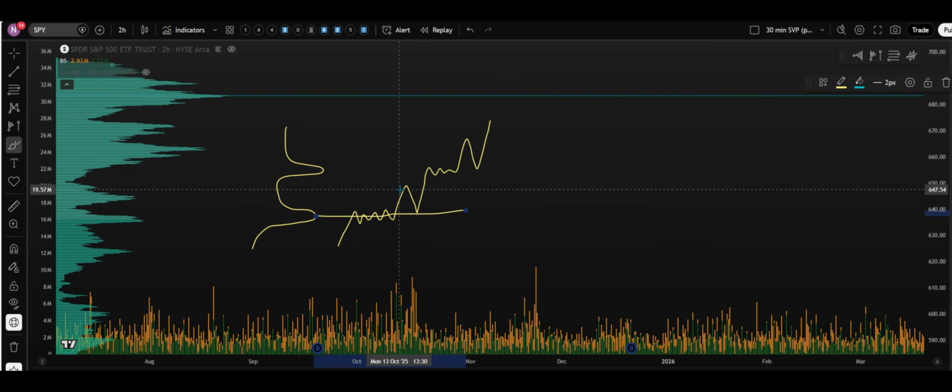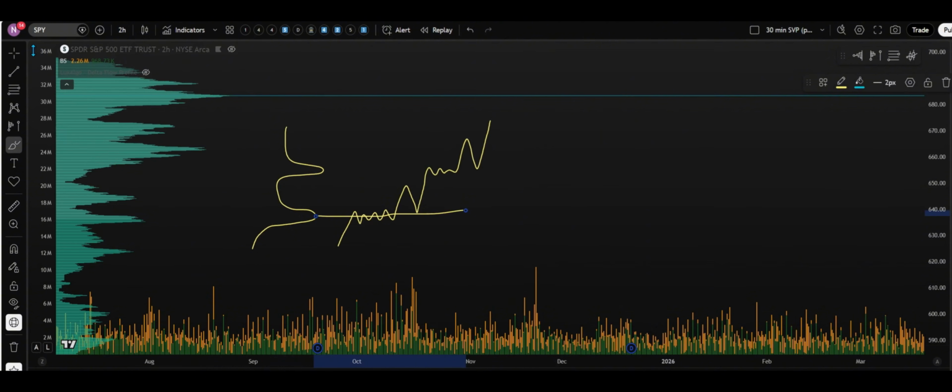When price discovers higher, and then returns to that area that was previously the most contested between both buyers and sellers, and now it is a support, that is the best evidence that you have in the market that price is going to continue this trend in the direction that it previously tested. Moving up, tests it, moves higher.